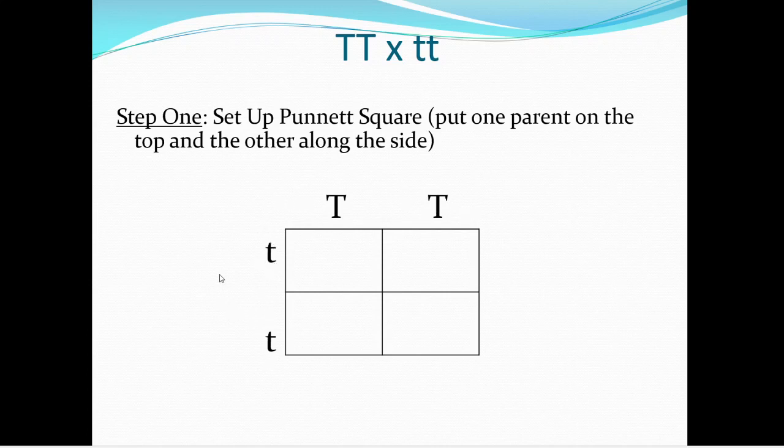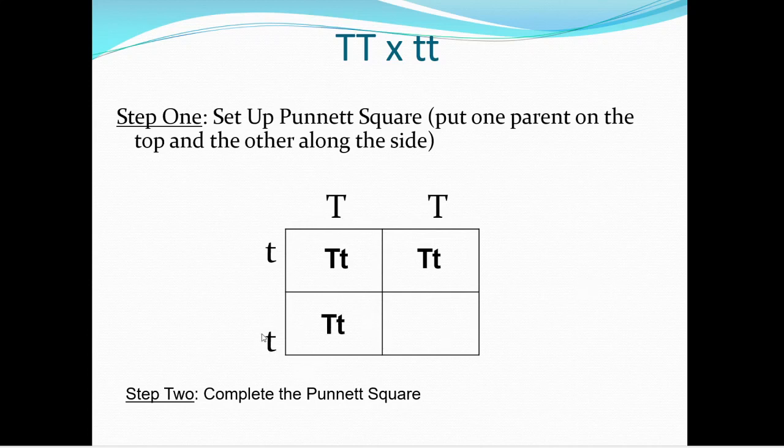And then the next thing you're going to do is start crossing them, complete the Punnett square. So you fill in the first one, this T here joined with this T, and then this T joins with this T, and then we fill in the next box. This T comes down, this one comes over, this one comes down, comes over.